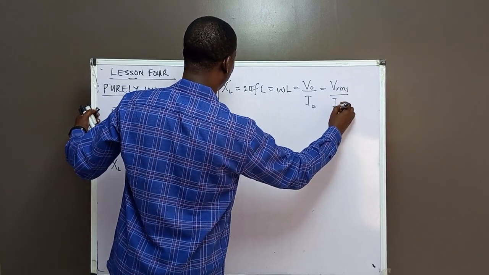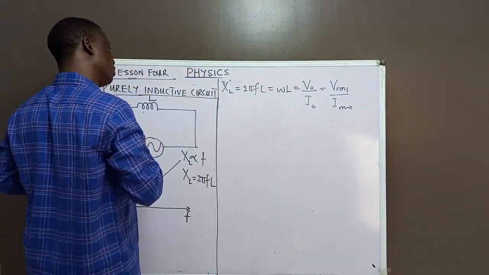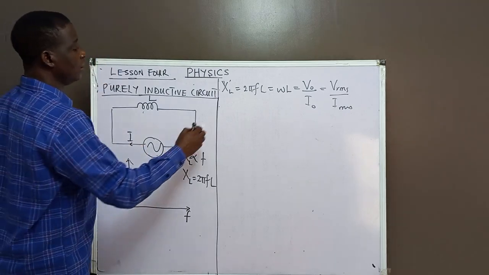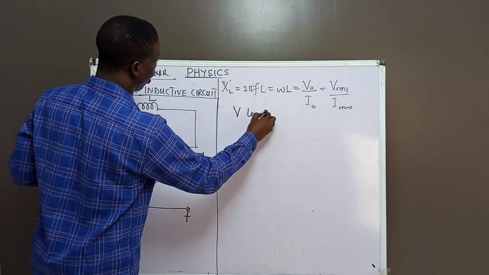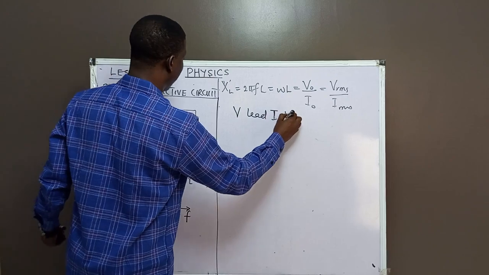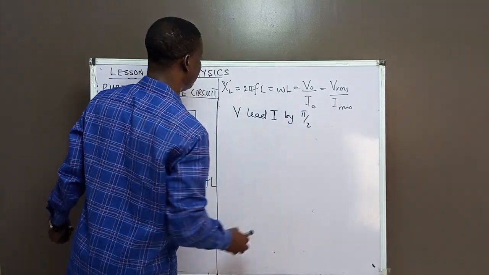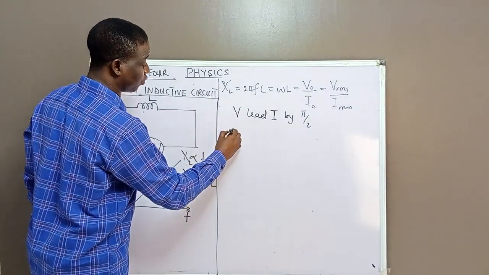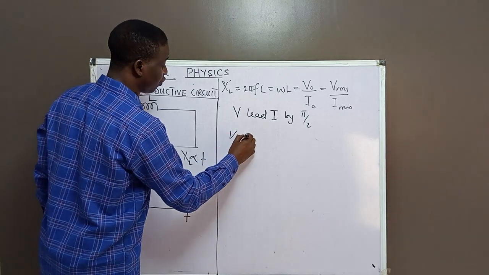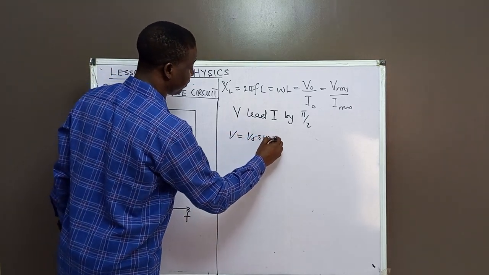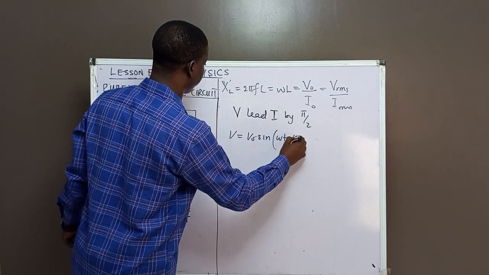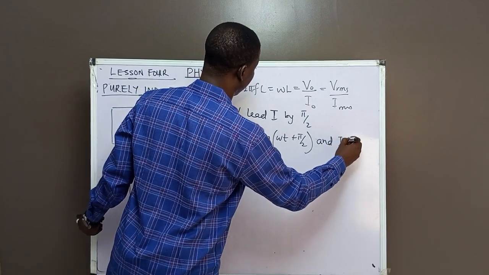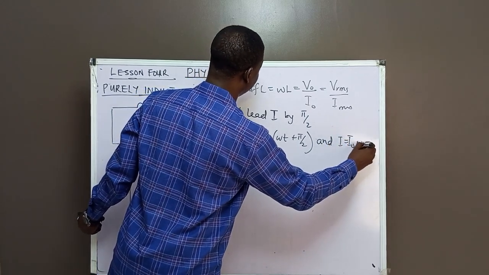VRMS over IRMS. Don't forget also that in this purely inductive circuit, the voltage leads the current by pi over 2. In other words, the equations involved for the two of them can be written as: V is equal to V naught sine (Wt plus pi over 2) and I equal to I naught sine Wt.